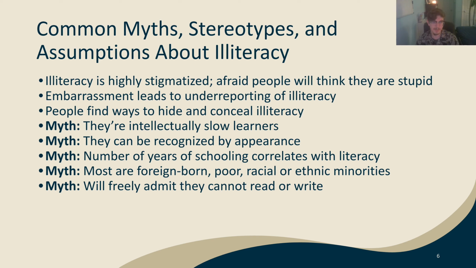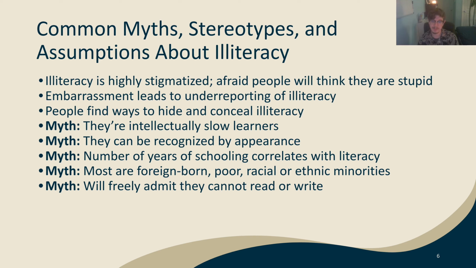Once again, myth number one, they're intellectually slow learners. Already said that, right? Has nothing to do with it. Myth number two, they can be recognized by appearance. Right? You might think, oh, well, they must be poor. They must dress all raggedy and stuff. No. That's not true.